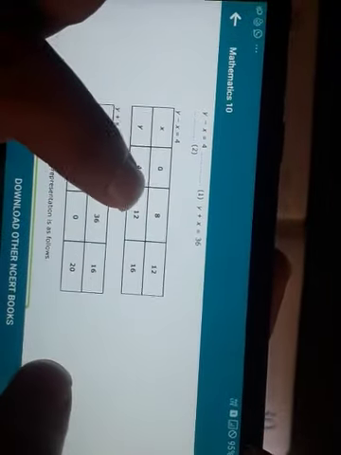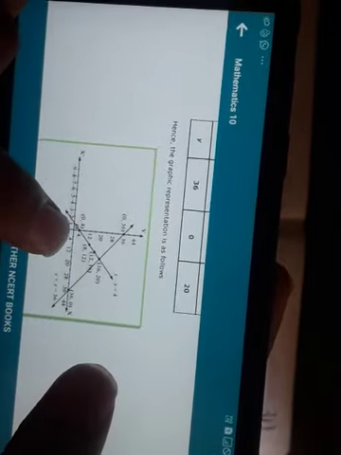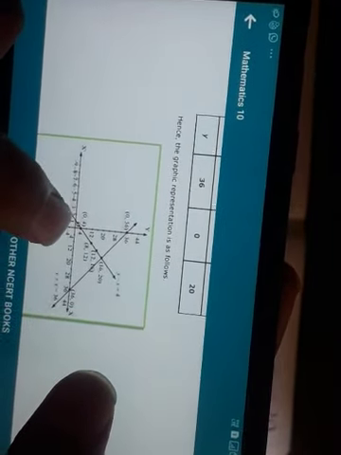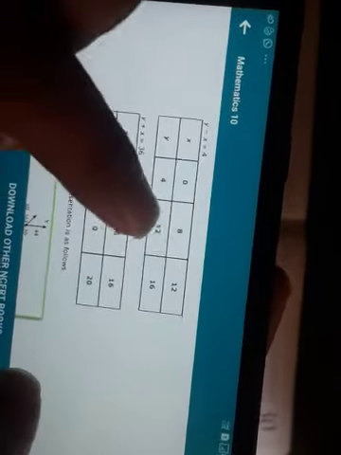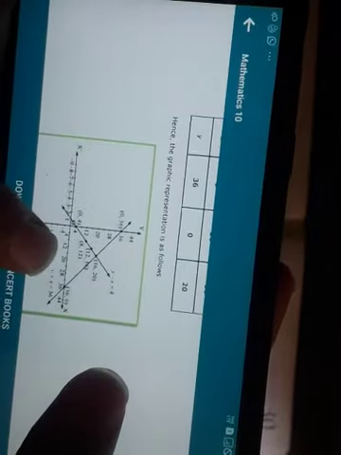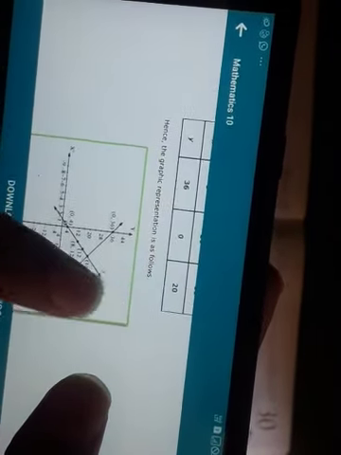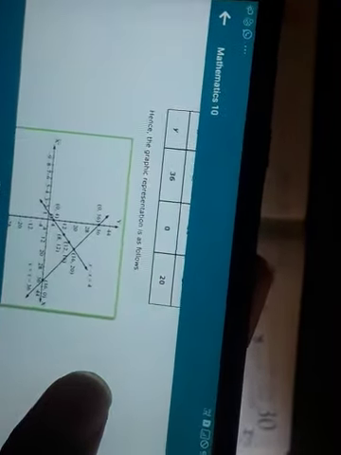Second is x 8 and y 12. See here, in between 4 and 12 it will have 8. So that is the point (8, 12). Third point is (12, 16). Then they join the points by scale and they get a line.